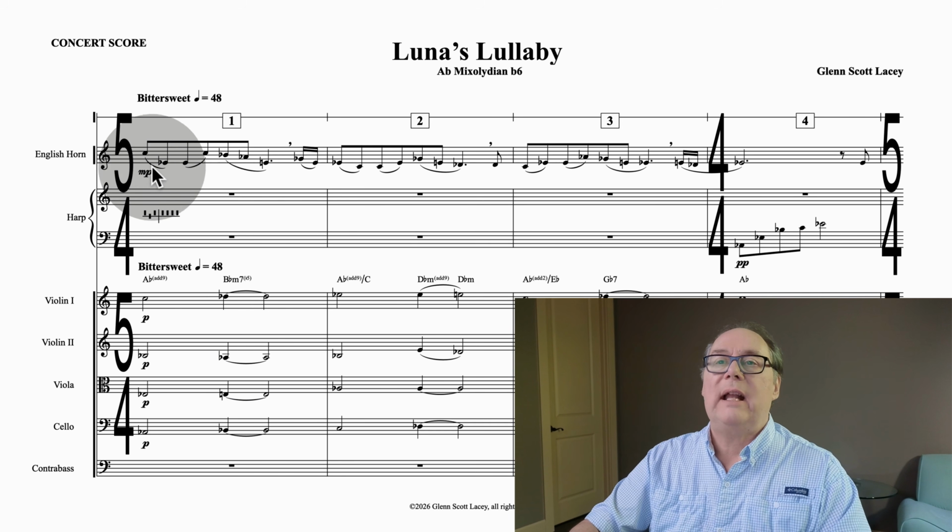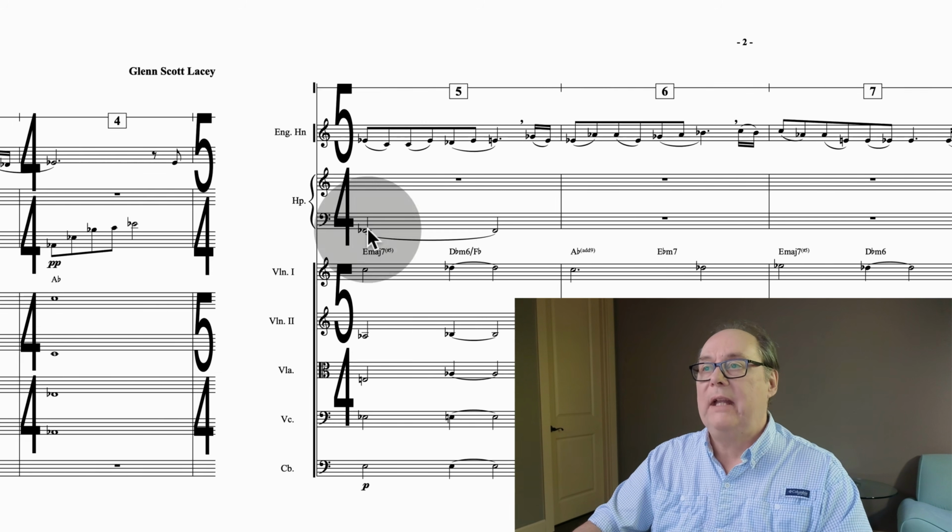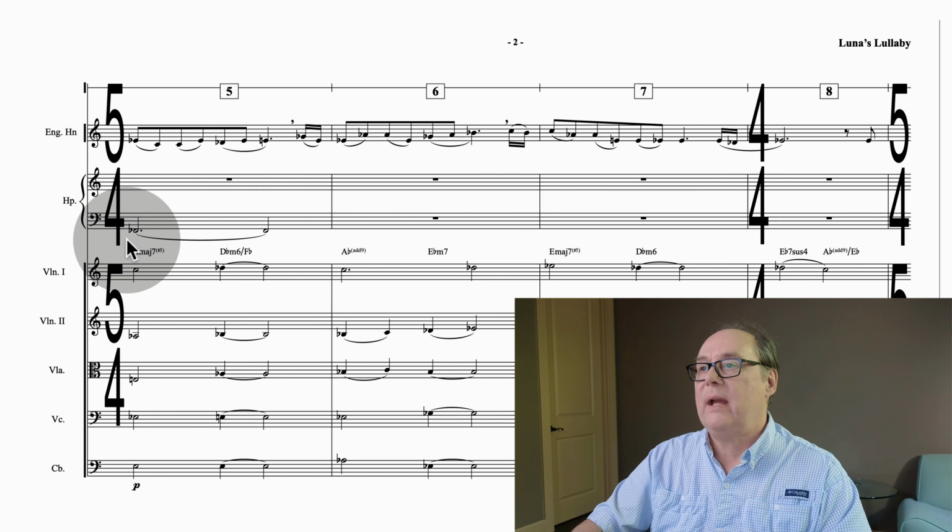The English horn has a very mournful sound, and I really like how it sounds on the melody here. That little bit of piano line that we had in the sketch, I've moved it into harp and used the harp to accentuate the bass note of what's now the E major 7 sharp 5.